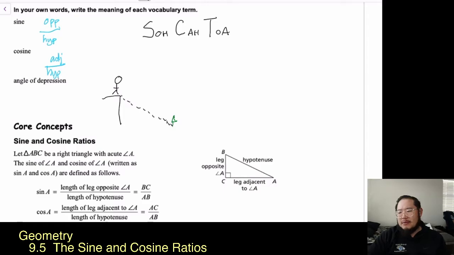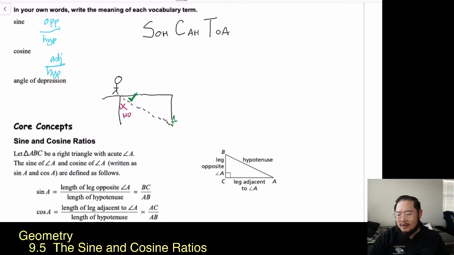Now, here's the common misconception, though. People think that the angle of depression is this right there. And that's not correct. No, that is not the angle of depression. The actual angle of depression will be, setting up the triangle upside down, this right here.